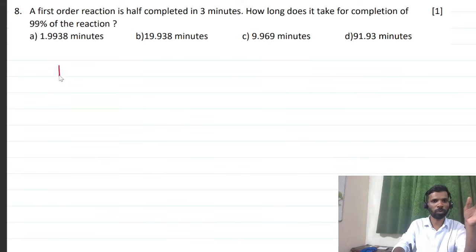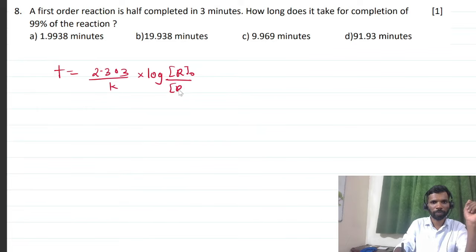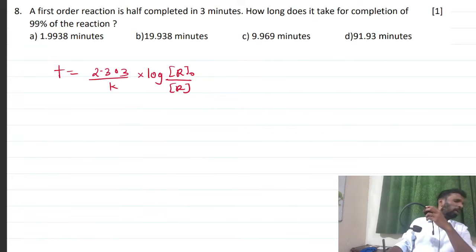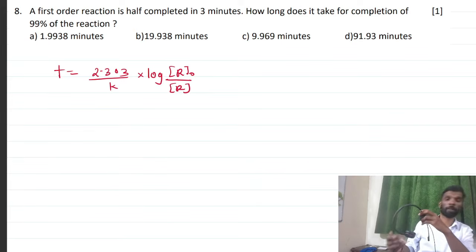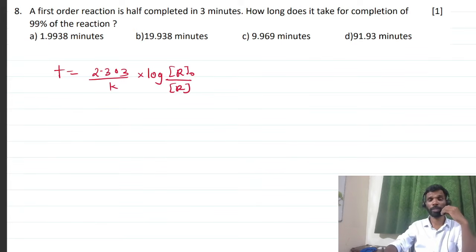So time for the first order reaction is 2.303 by K into log of R0 by R, right? Since they have given the percentage, you can easily find R0 and R, but we need to find K. But they have given a half-life.